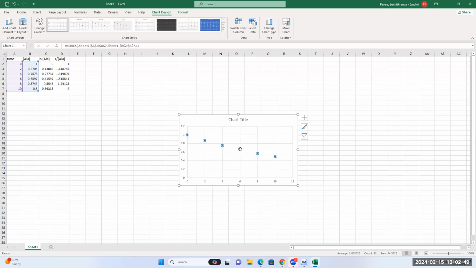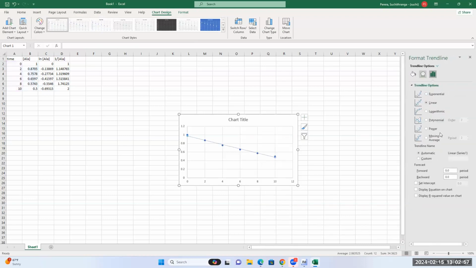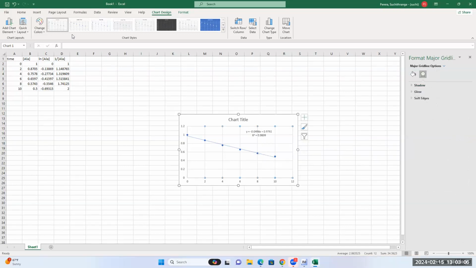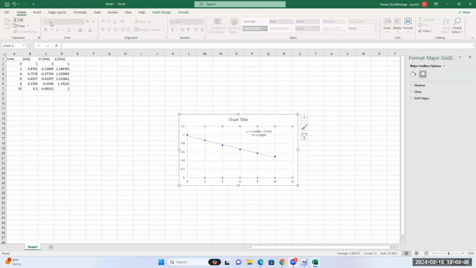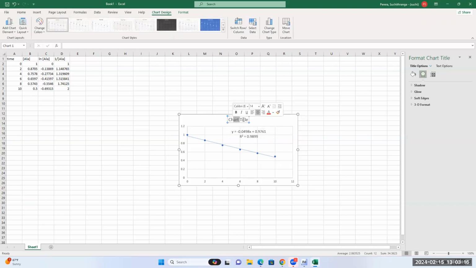Then left click on one of the data points, and then right click, add trendline, and it's going to give you these options. I'm going to make it display equation on chart and display R squared value, which is going to give us an idea about how correlated our data are. And that's all we need. Give me a second. All right. So this is my 0th order plot. All right, here we go.